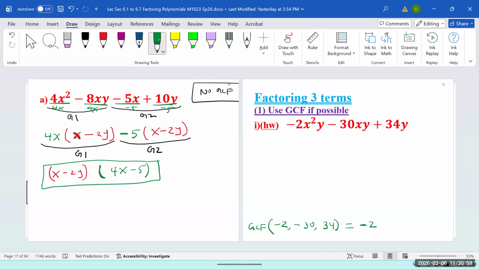We have to factor out a negative because our polynomial starts with a negative. And then if you look at the variables, the first one is x squared y, the second one is xy, and the last one is y. That means our GCF in this polynomial with 3 terms is negative 2y.